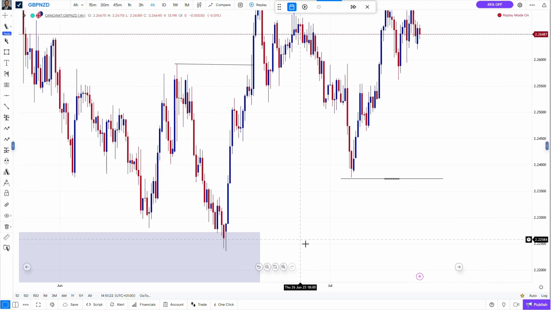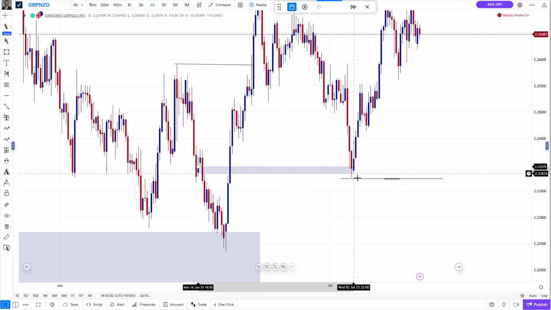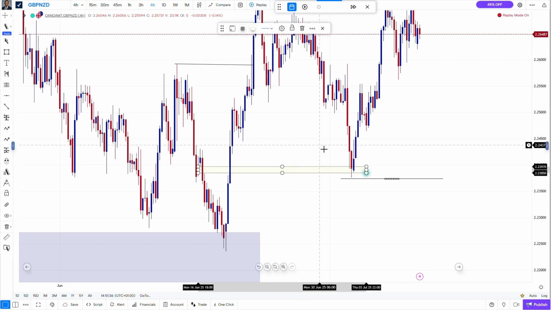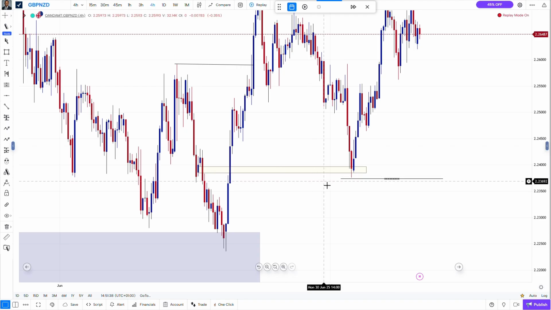In this case, if I was to pick a double imbalance, you could see that right there the double imbalance was already mitigated, right? That imbalance was already mitigated, imbalance from here and imbalance from here.